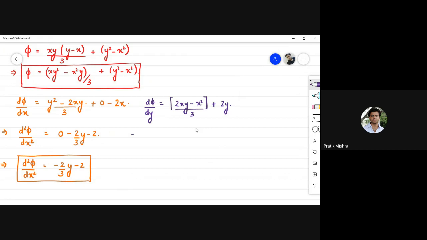Again differentiate it with respect to y. So d2 phi by dy square is equal to 2 by 3 x, this is 0 and this is 2. So from here you are going to get d2 phi by dy square is equal to 2 by 3 x plus 2.